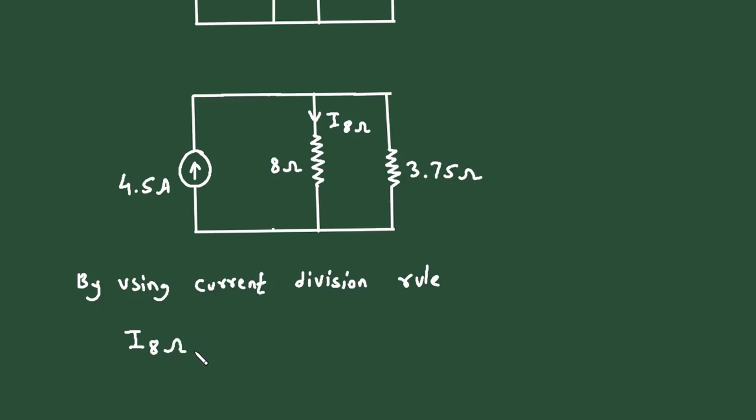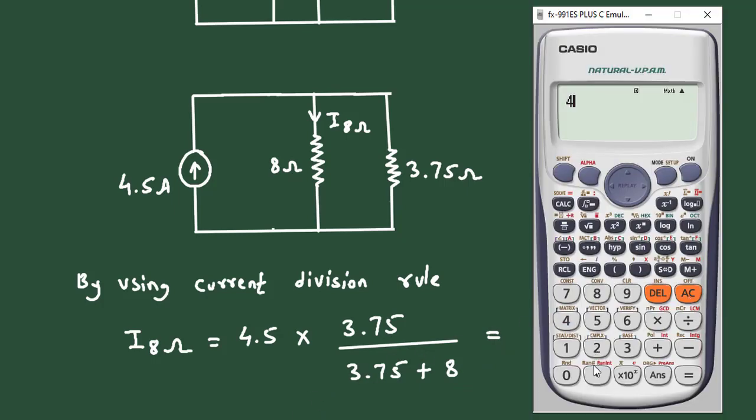I 8 ohm is equal to this current, that is 4.5 ampere multiplied by opposite branch resistance. The opposite branch to this is 3.75. So it will be 4.5 multiplied by 3.75 divided by 3.75 plus 8.